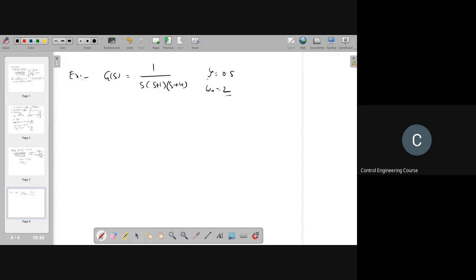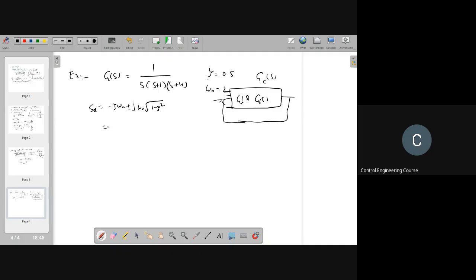So you have to design a controller GC of S such that the dominant pole of the closed loop system with GC of S and G of S, your closed loop system pole should have the desired pole SD equal to minus zeta omega n plus or minus j omega n into square root of 1 minus zeta square.